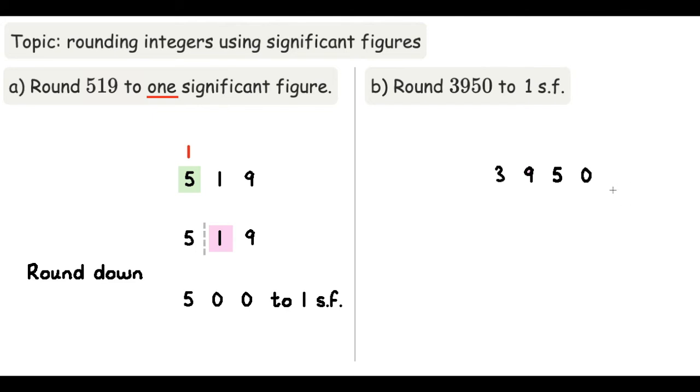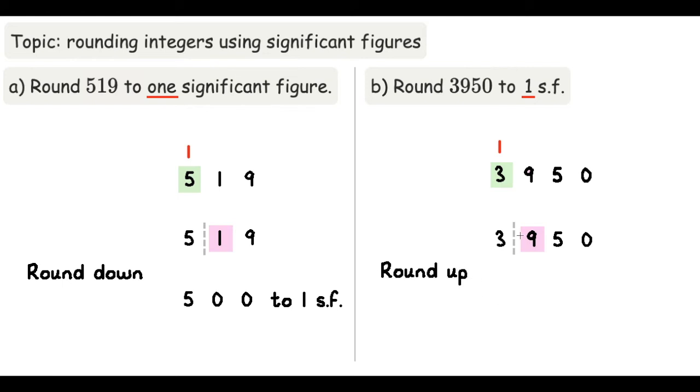We've got 3,950, and again, we're going to round this to one significant figure. So let's find that first significant figure, and that's just the first digit, and then we're going to draw a line after that first digit. Then we're going to look at this second digit to work out which way it rounds. Now, if the number after this line is a 5, a 6, a 7, an 8 or a 9, then we need to round up.